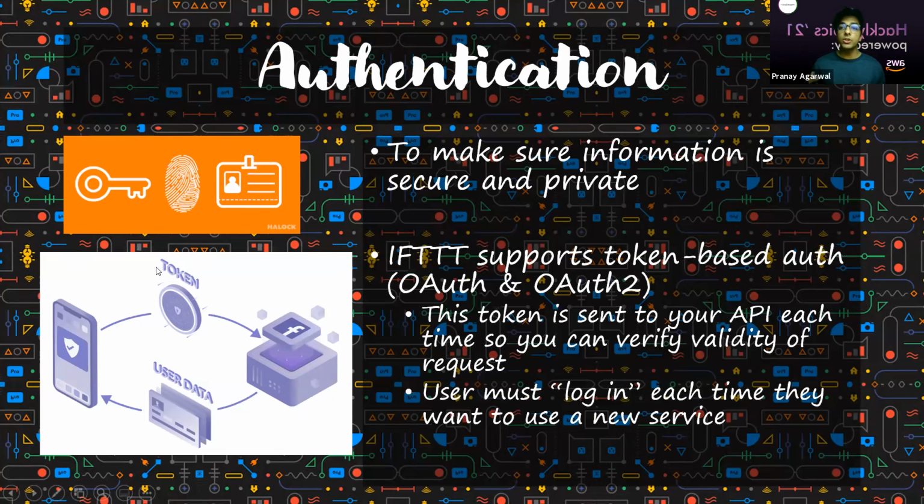When you log in, your PC holds on to a token that you can then use to exchange for information via any server that you have logged in and it is valid on. So that's why we use token-based authentication in IFTTT.